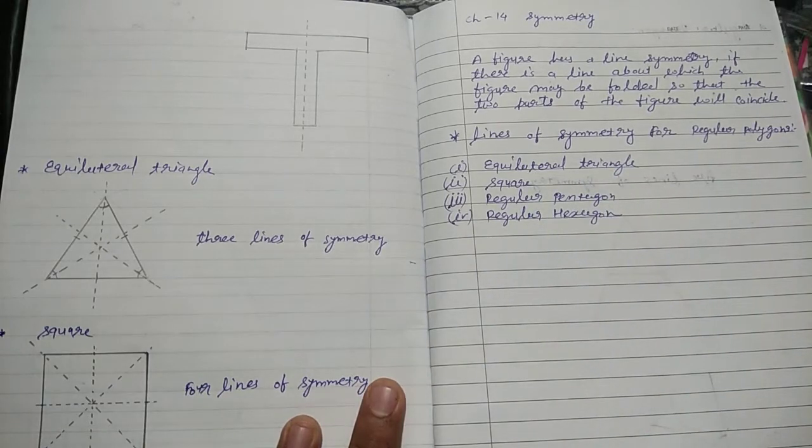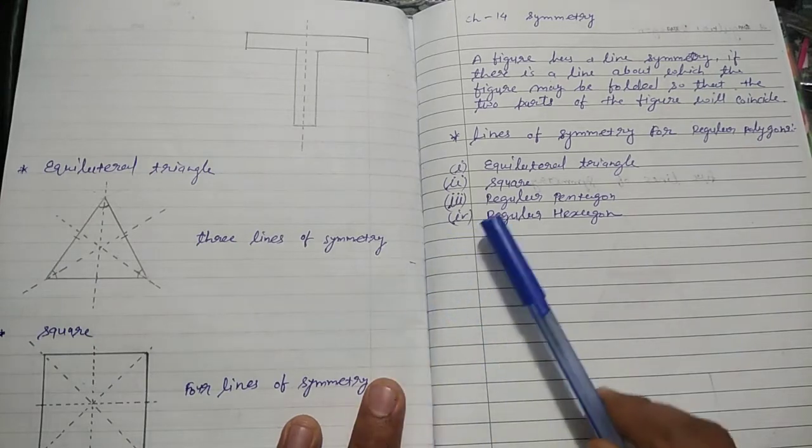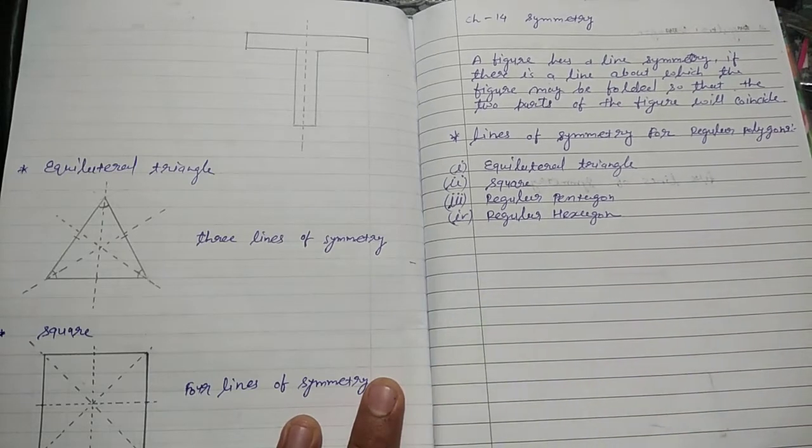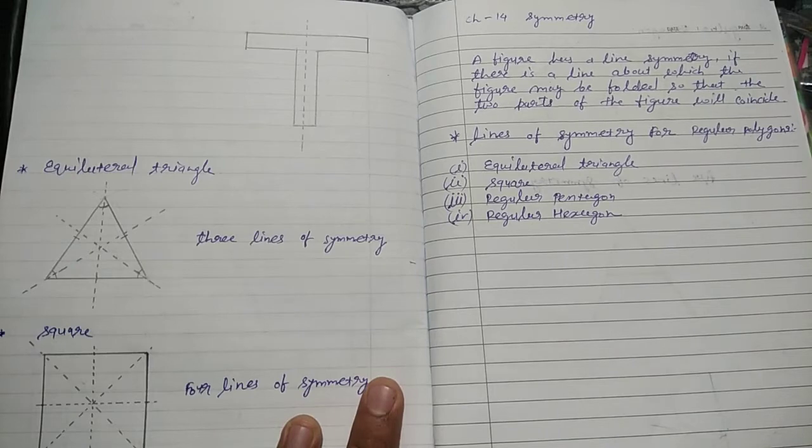Three sides of equal length and its angles are also equal. Number two, the square, which has four equal sides and four equal angles. Then the regular pentagon, five equal sides, five equal angles, and the regular hexagon, six equal sides, six equal angles.